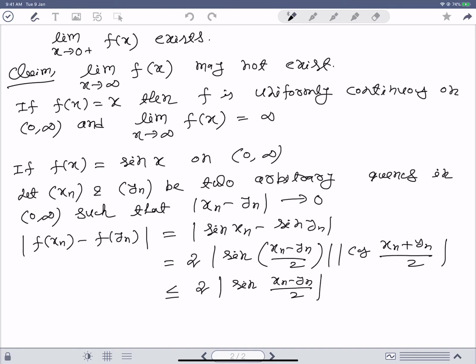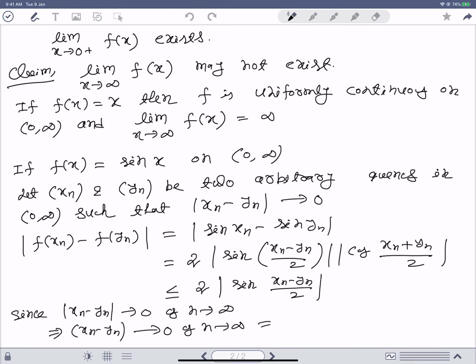Okay. Now since xn - yn converges to 0 as n tends to infinity, that implies (xn - yn)/2 also converges to 0 as n tends to infinity, that implies sin((xn - yn)/2) also converges to 0 as n tends to infinity, right?